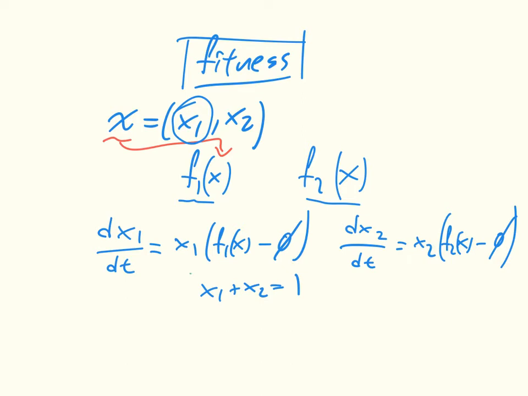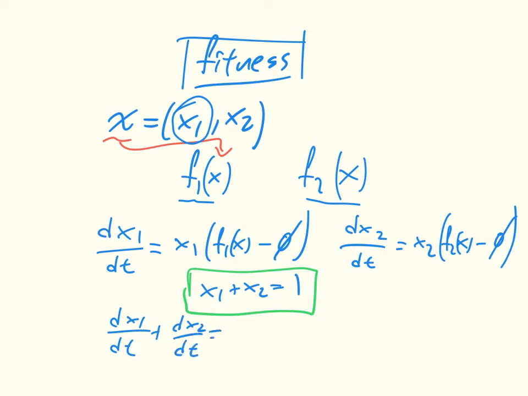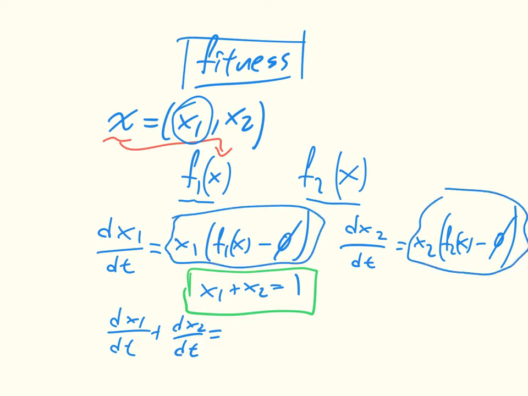Because we have this, we can calculate the derivative of that. So we have that dx1/dt plus dx2/dt is going to be equal to, and now we just grab these expressions here, which gives us x1 times (f1 of x minus phi) plus x2 times (f2 of x minus phi).